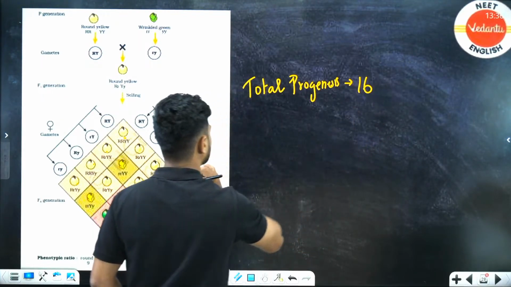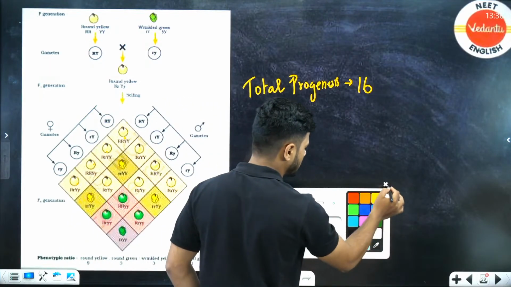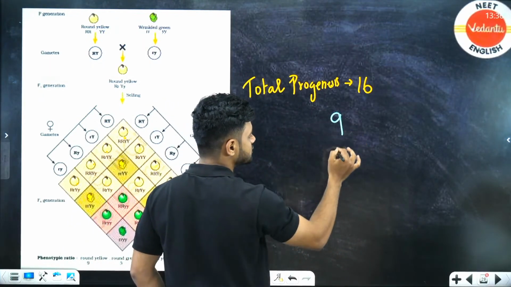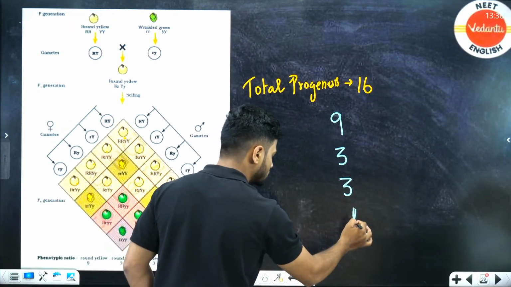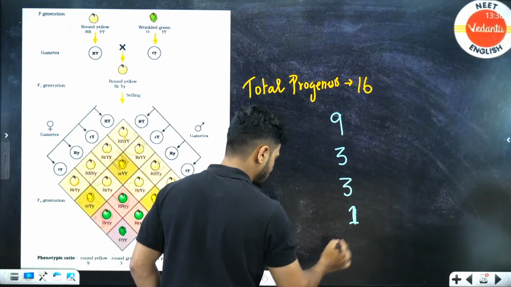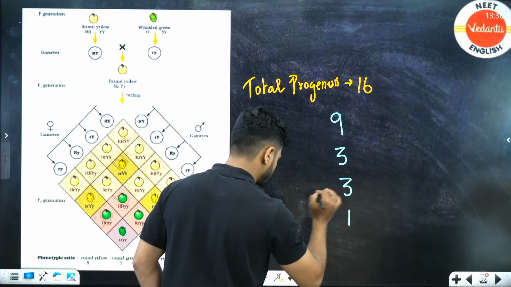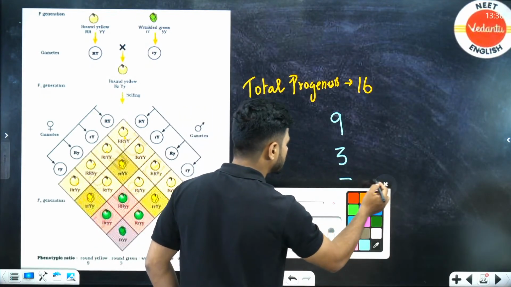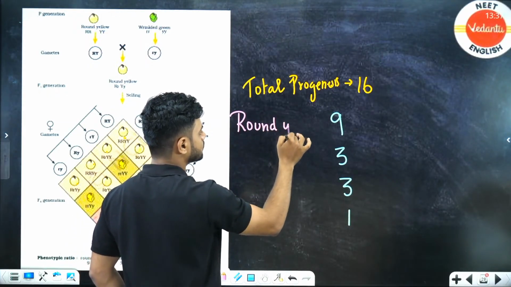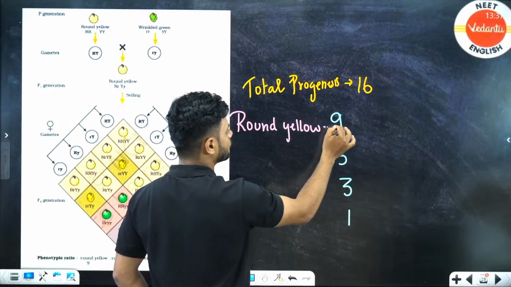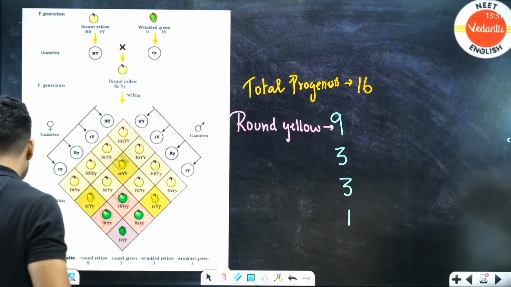How will be the distribution? Distribution is very simple. The ratio is 9:3:3:1. Now here, round yellow is going to be 9.